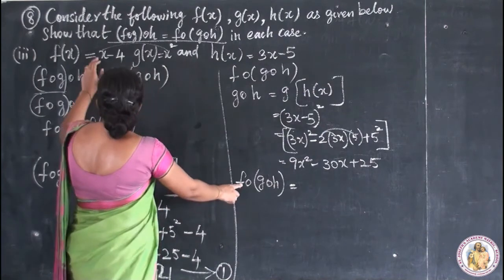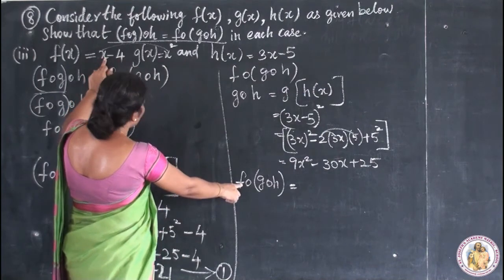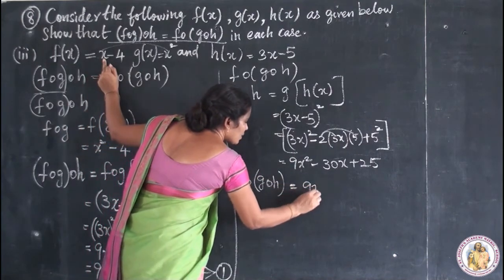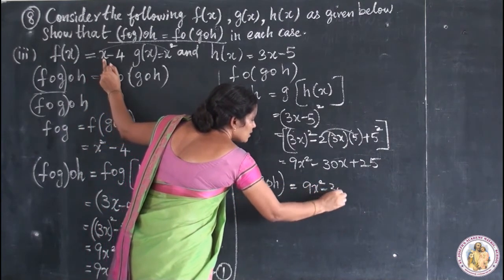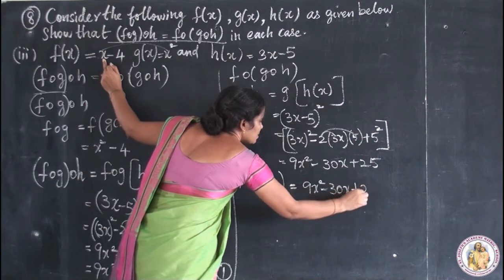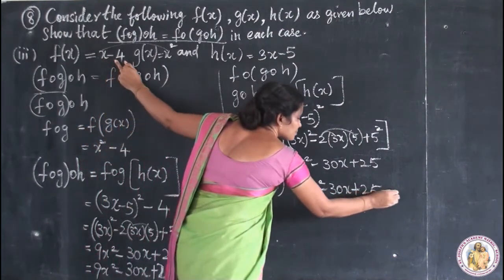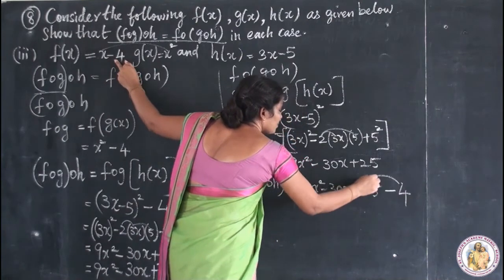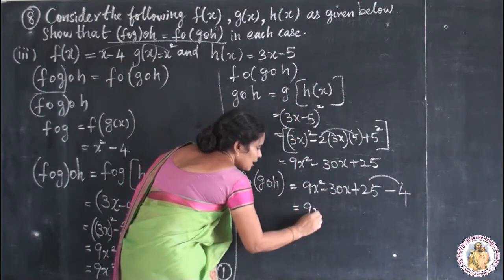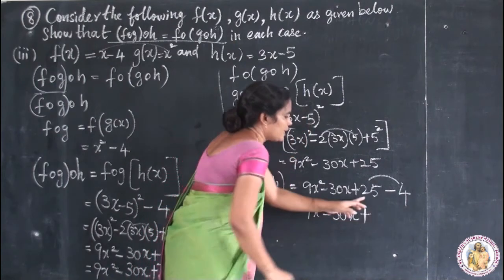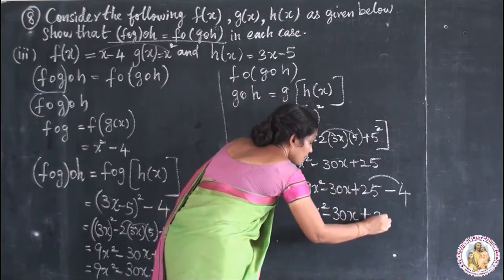Then find f of g of h is equal to f of g of h. F, what is f? F is x minus 4. In the place of x, you write 9x square minus 30x plus 21.